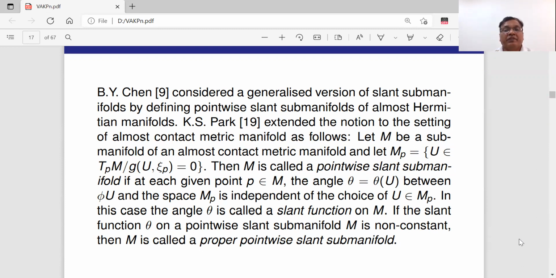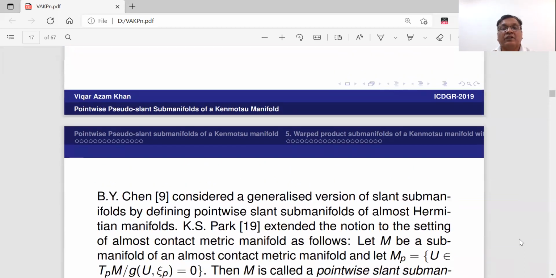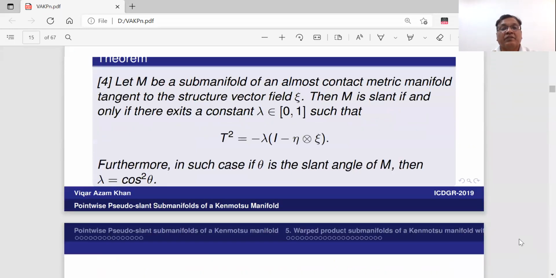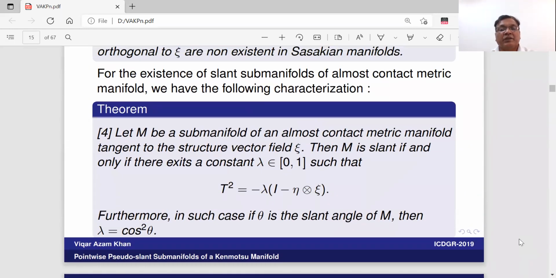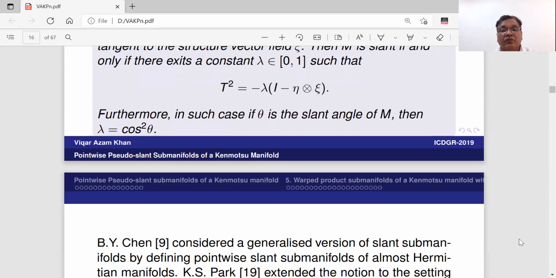So what happens if you have a pointwise slant submanifold, then T squared, according to the last theorem, will be equal to minus lambda I, or you can say T squared equals cosine squared theta I. So this is the same as what B.Y. Chen obtained for slant submanifolds.